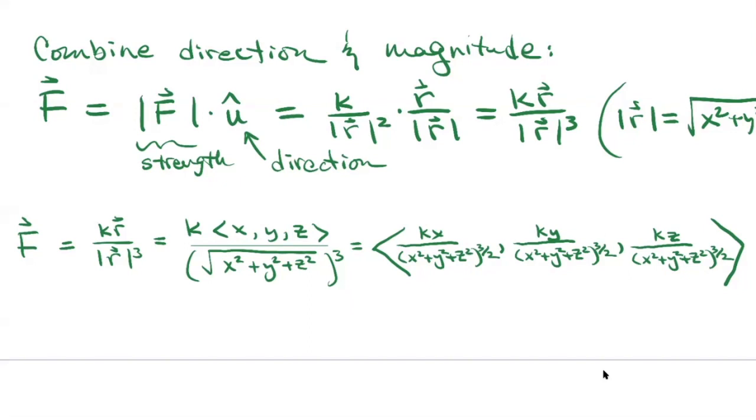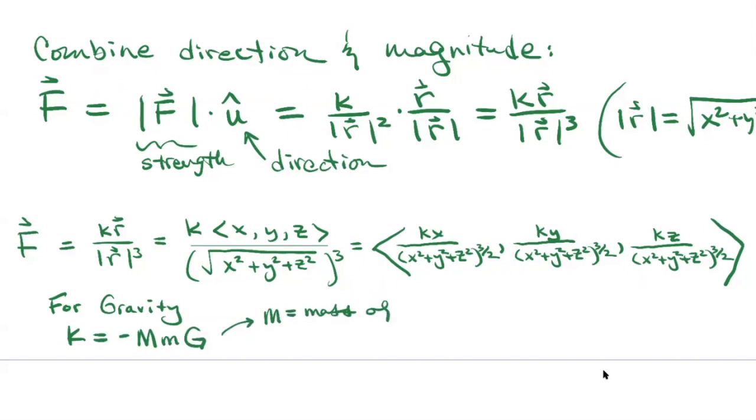For gravity, K is negative. Big M, little m, G. Big M is the mass of a planet or a star, or any object.